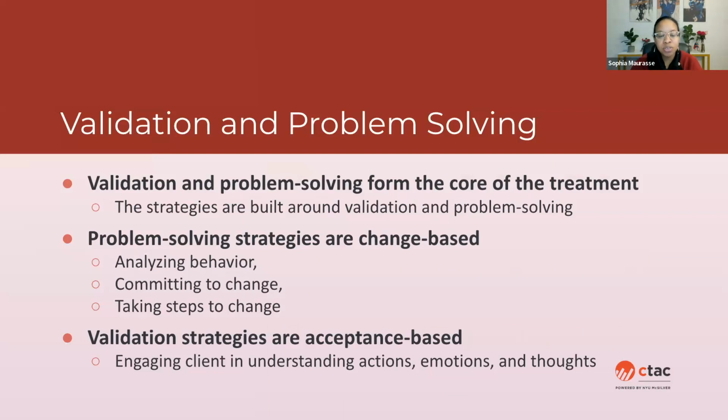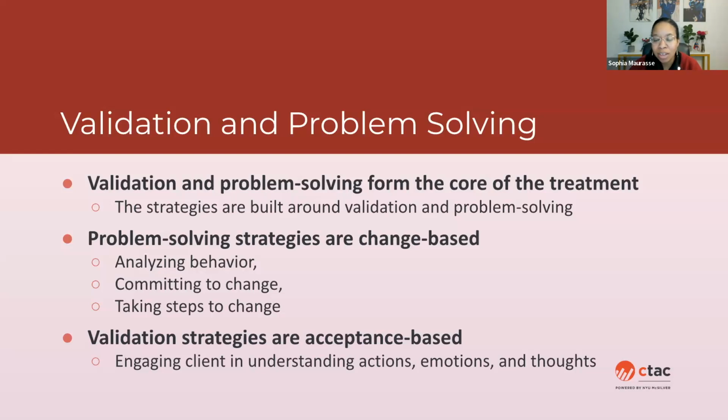So the specific strategies that we use here in terms of balancing the validation and problem solving include DBT specific problem solving strategies that are change-based. So this could include analyzing the behavior, and this is done through a variety of methods. We can do a chain analysis where we look at all the antecedents, all the factors leading up to that behavior, and we engage with the patient in looking at what led up to this specific behavior, what led up to the self-injury.